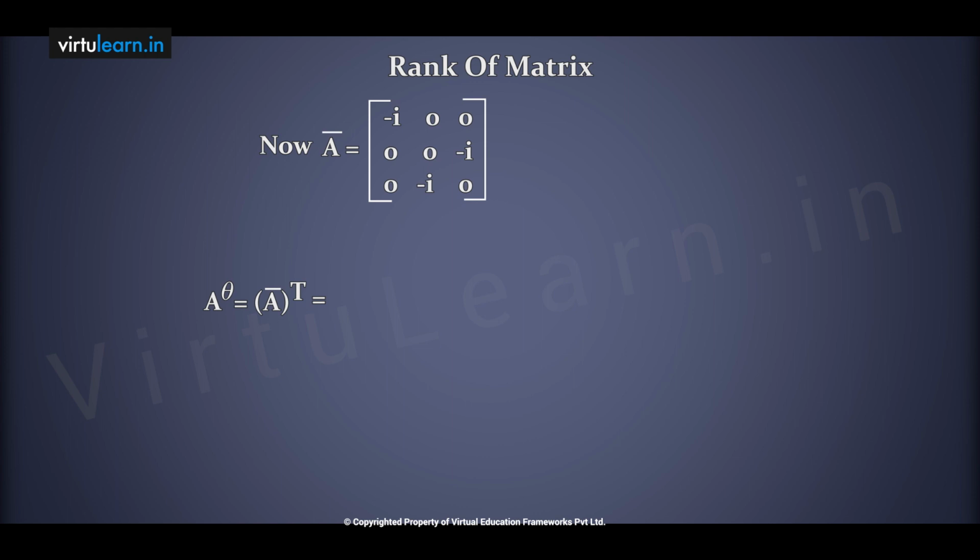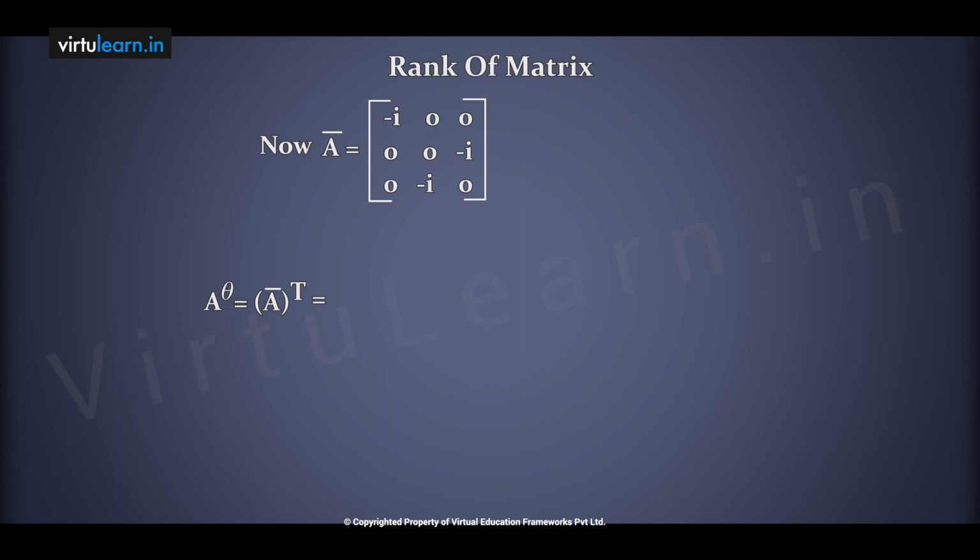In the third row, the first element is 0, conjugation of 0 is 0, then conjugation of i is minus i, and the last element is 0. Once again, A bar equals minus i 0 0, 0 0 minus i, 0 minus i 0.